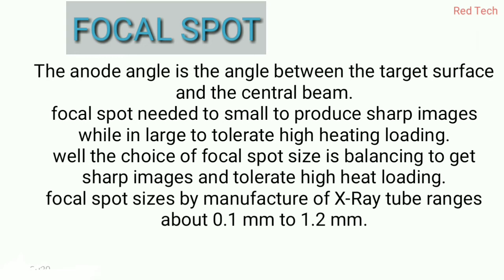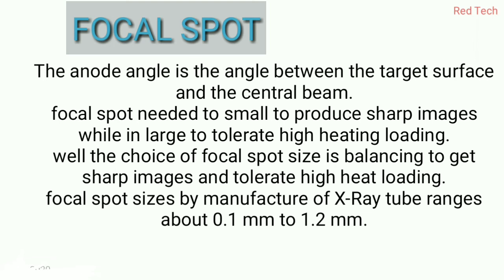While using a small focal spot, you can produce sharp images, but a large focal spot has a high capacity to tolerate heat loading. We have to maintain a balance in the image.